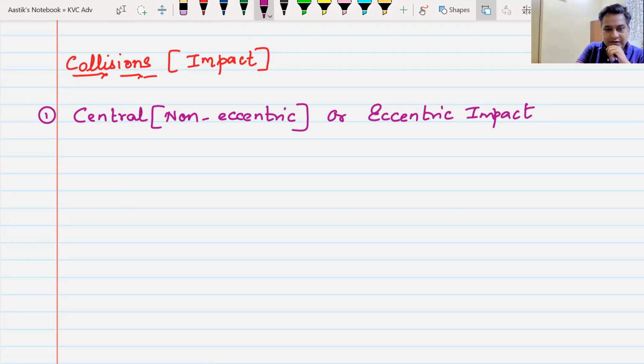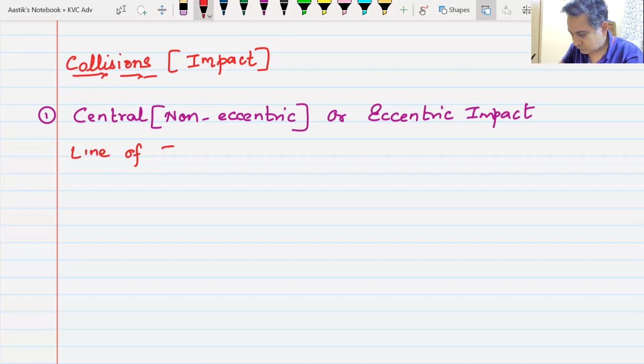Okay. Now, before going on to understanding this, let us understand something which is known as line of impact.